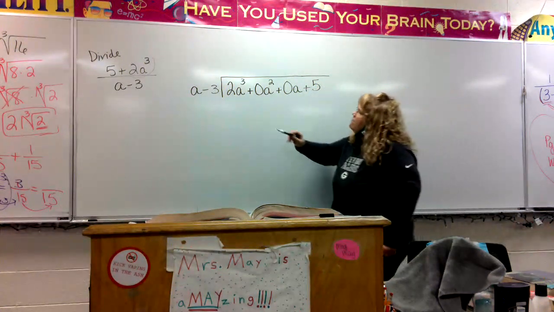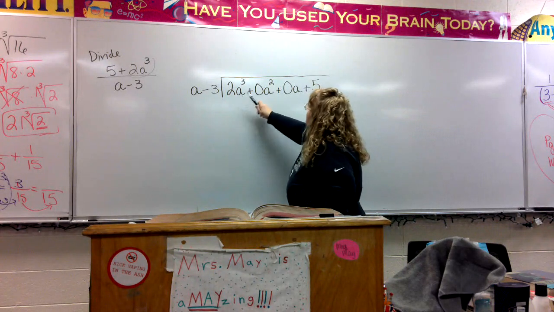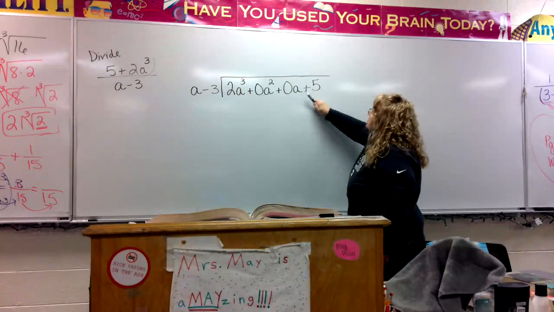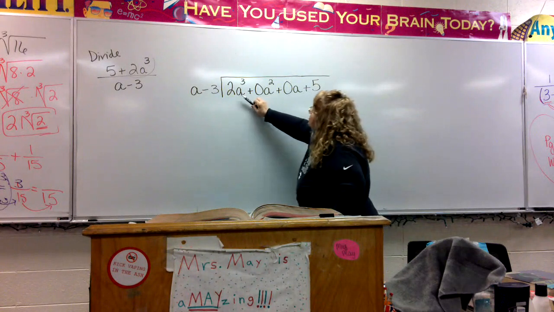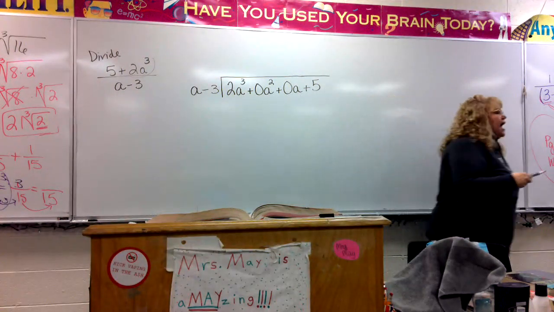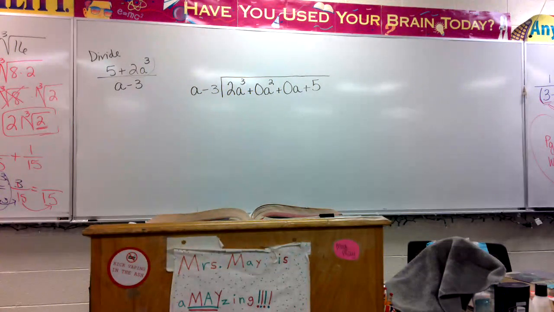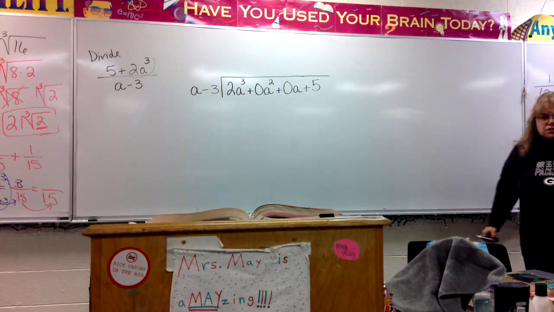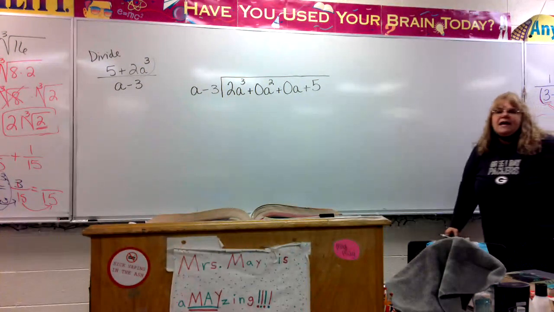So that I have in here a to the third, a to the second, to the first, to the 0. Every single power has to be accounted for. And if you forget that and try to work it out, everything goes all haywire.